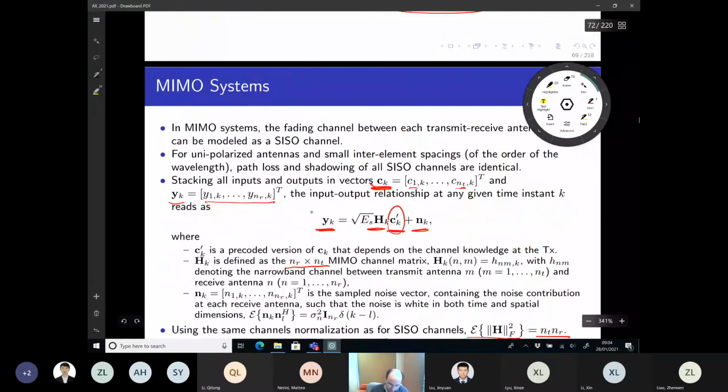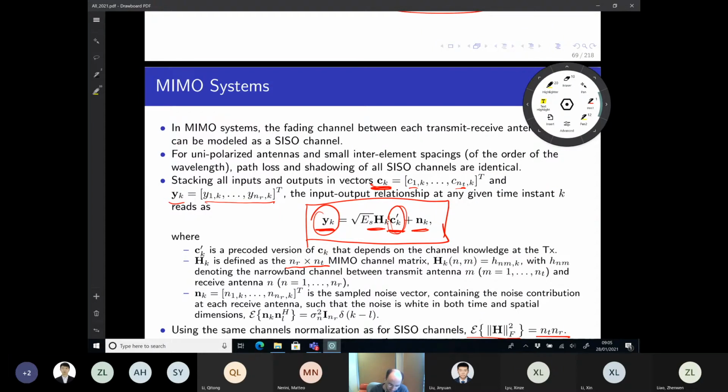So we have this relationship, right? This multiple input, multiple output relationship, where c of k prime here is a vector, and potentially could be a matrix, right? Because for each time k, essentially you have a vector.